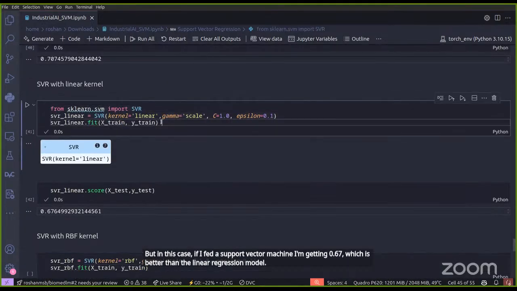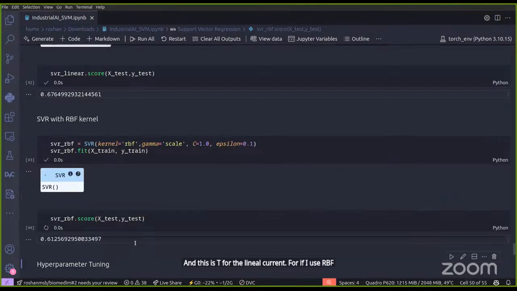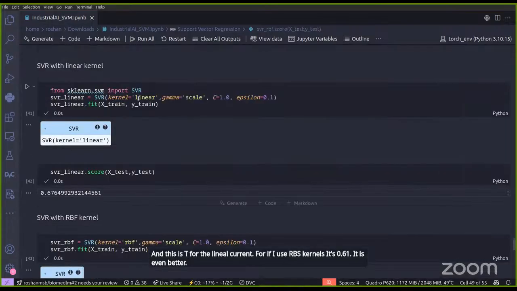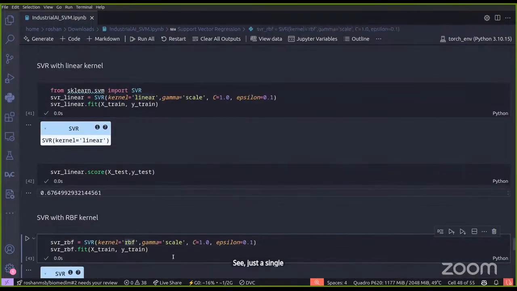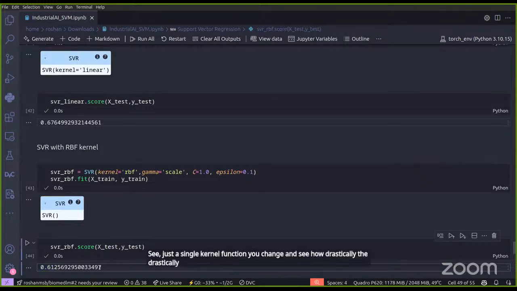And this is for the linear kernel. But if I use RBF kernel, it's 0.61. This is even better. See, just a single kernel function you change and see how drastically the error is reduced.